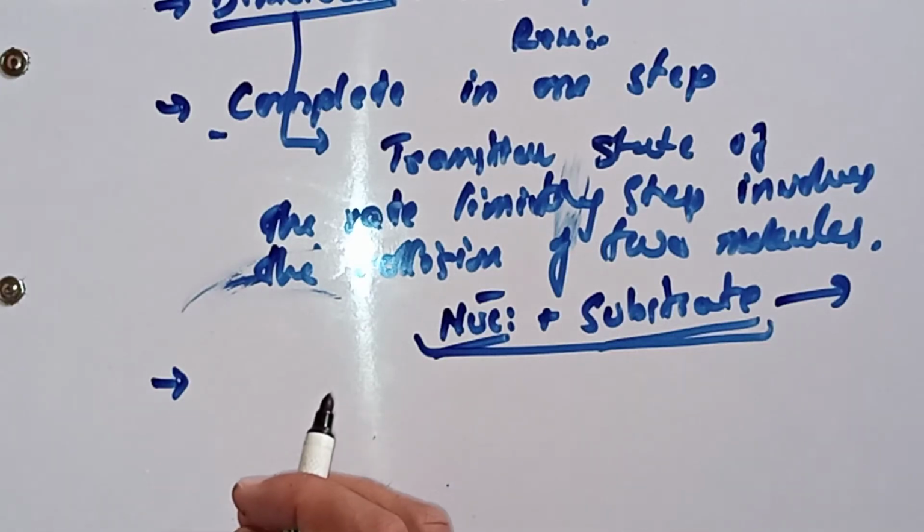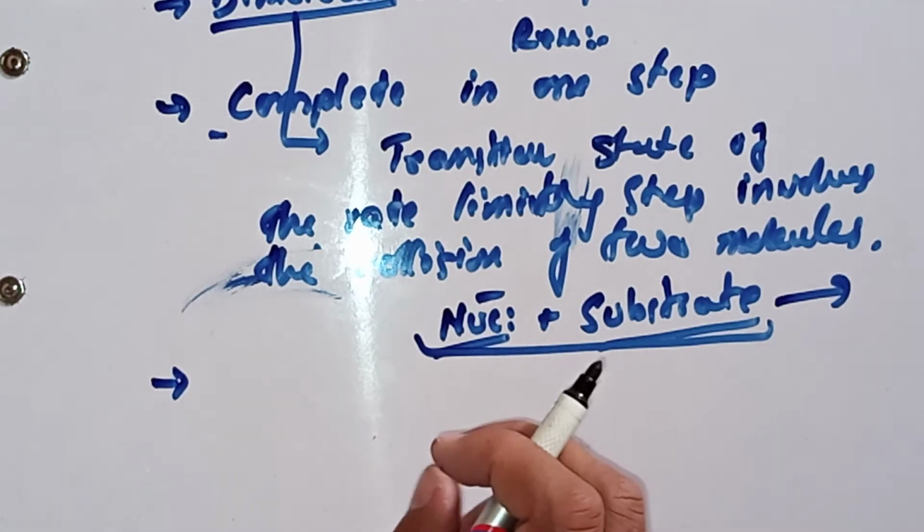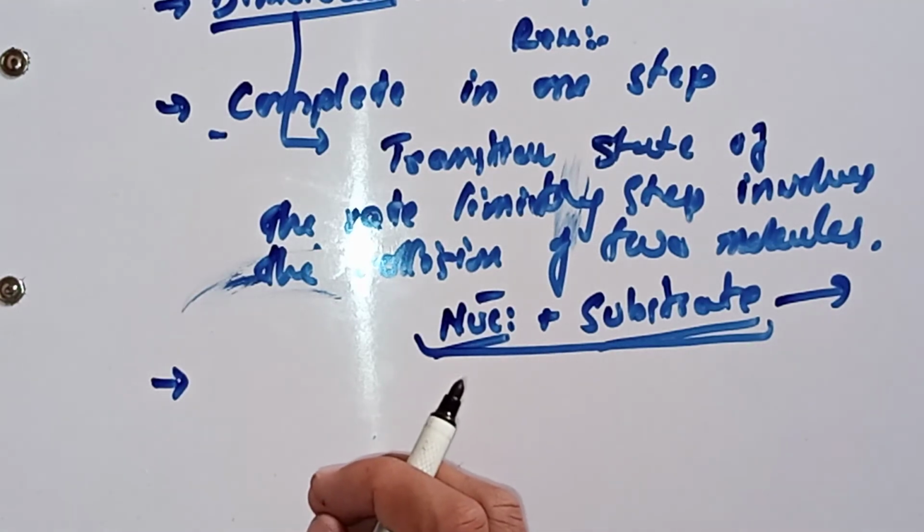And experimentally, bimolecular reactions usually have rate equations that are second order.